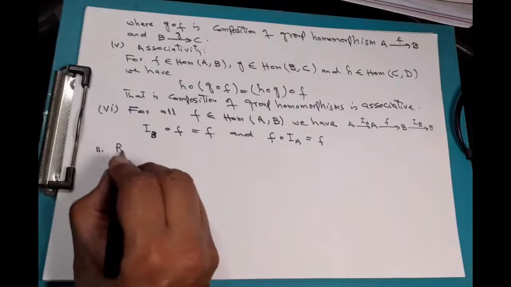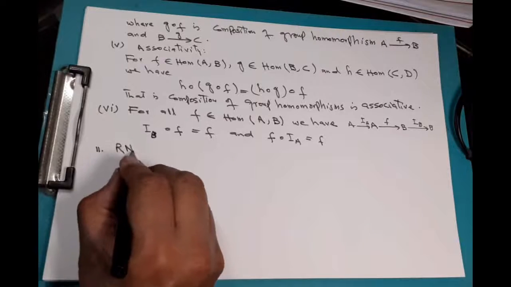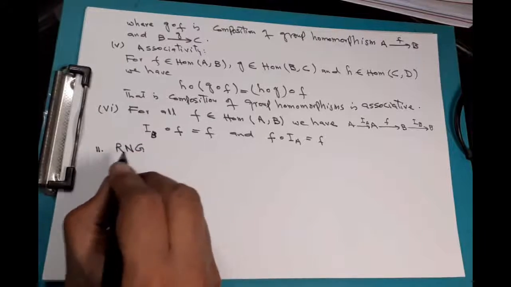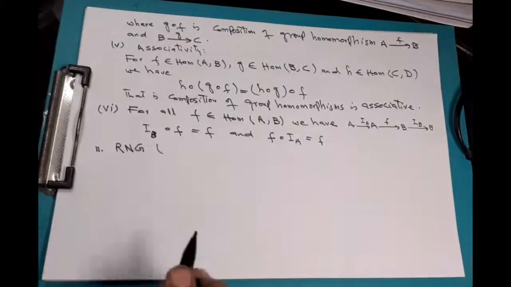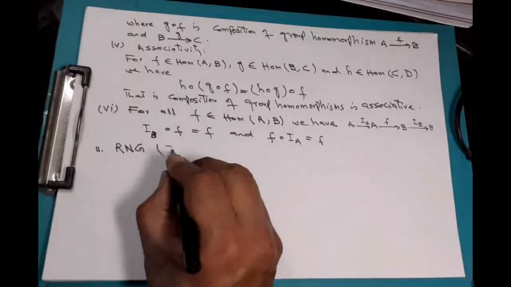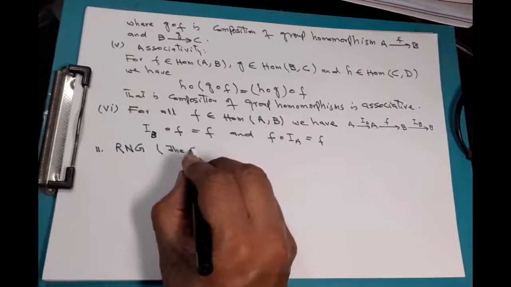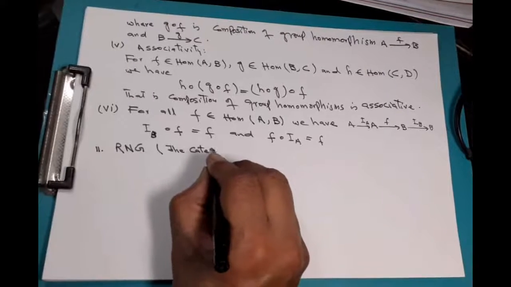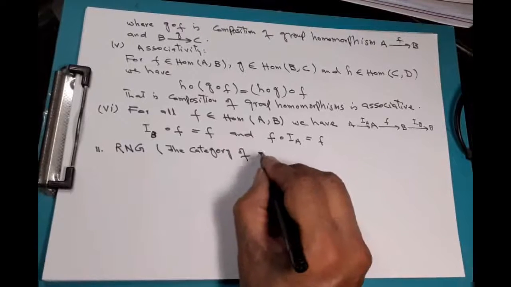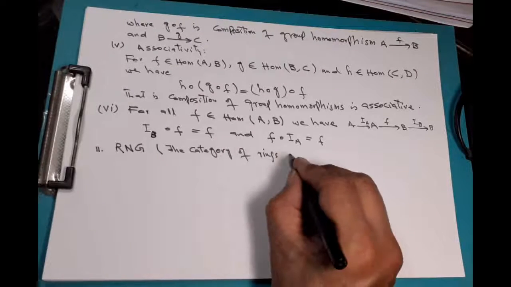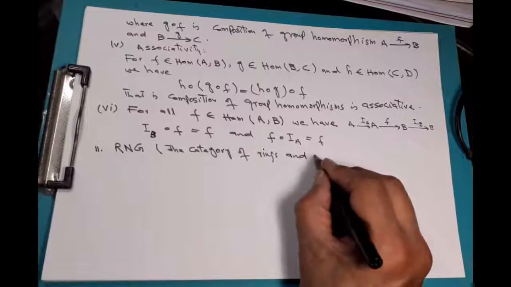Let's write it as RNG. This is the category of rings and ring homomorphisms.